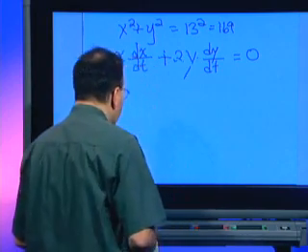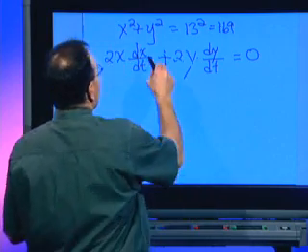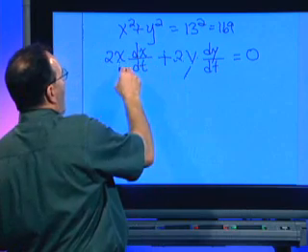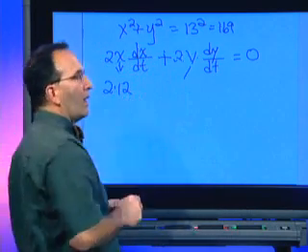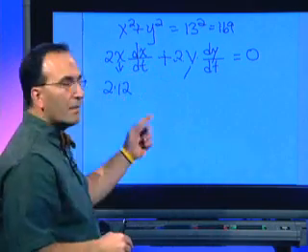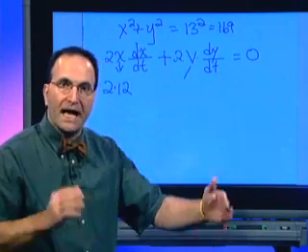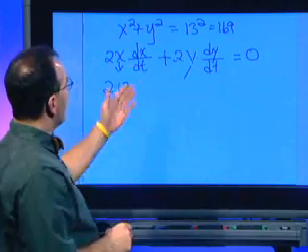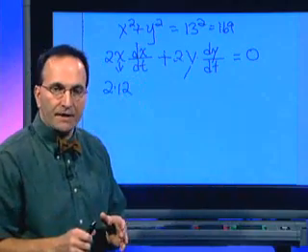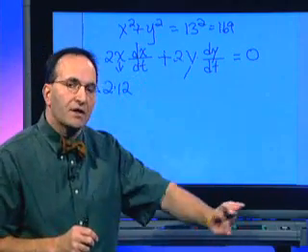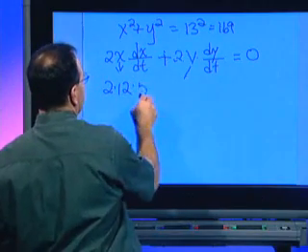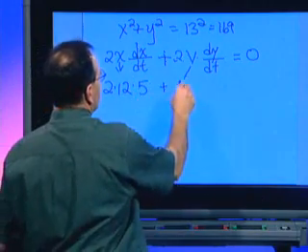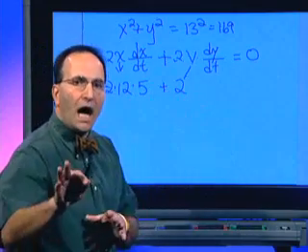Now, I know some information. Remember that we have x equal to 12. That's how far the ladder is from the wall as it's sliding down. That's the moment we're looking at. We were told dx/dt, which is how fast the ladder was moving, is plus 5. And then y.